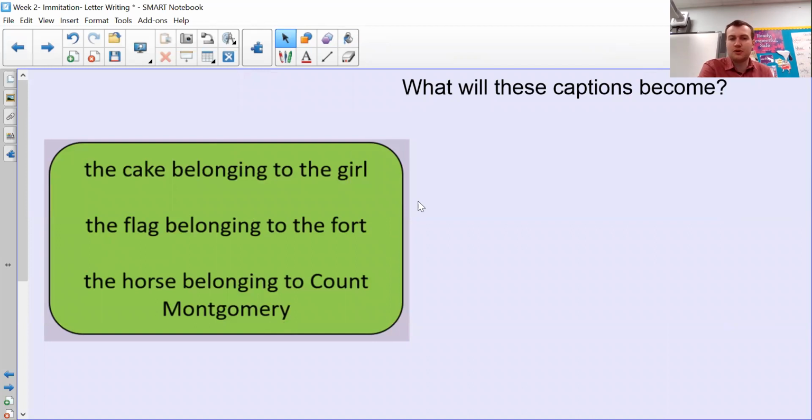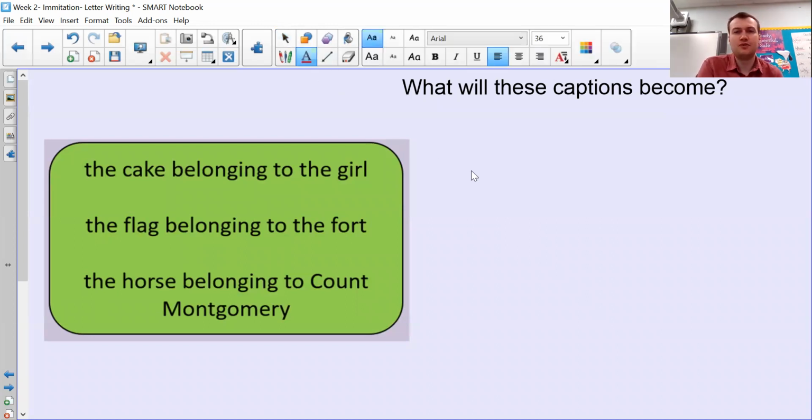Okay, what about these ones? Have a go. What would these become? We've got the cake belonging to the girl, the flag belonging to the fort, and the horse belonging to Count Montgomery. Very fancy. Can we make these a shorter caption with our apostrophe S? I'll do the first one with you to help.